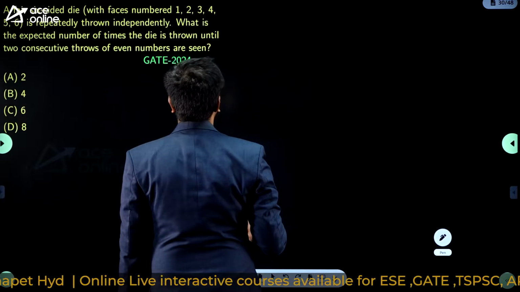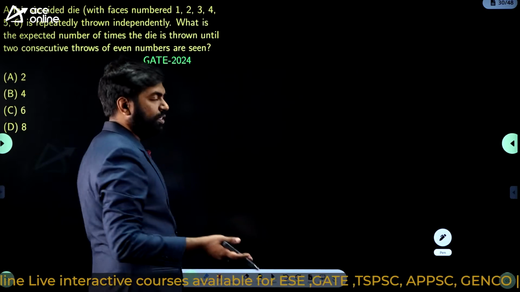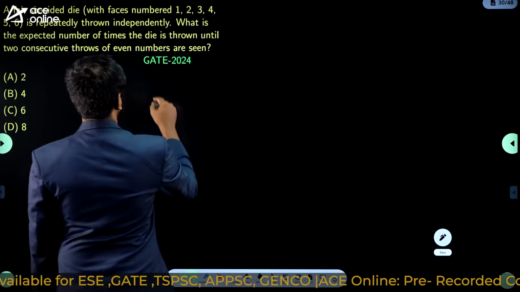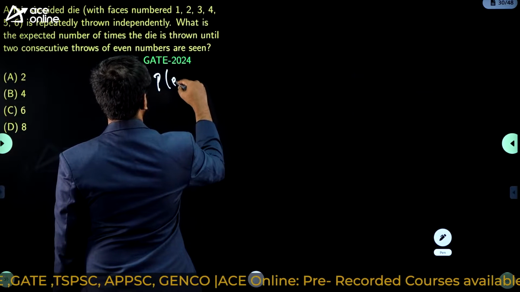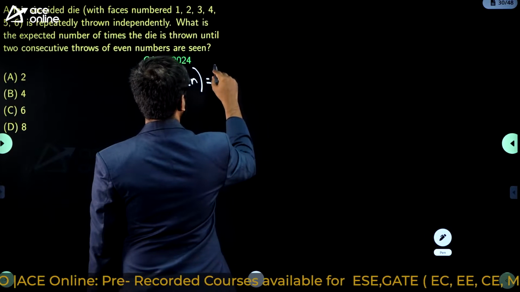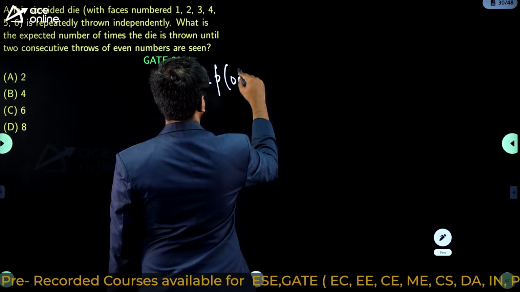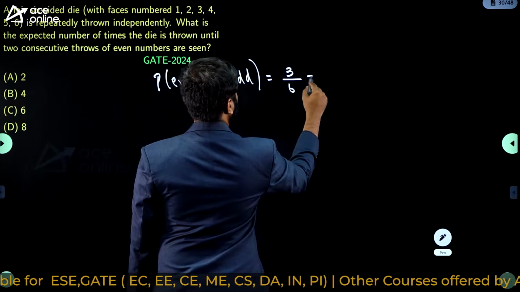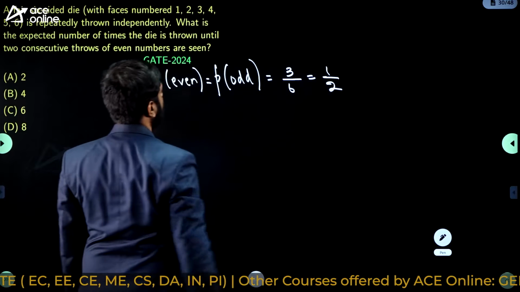So let us talk about the sample space. The sample space contains the 6 points 1, 2, 3, 4, 5, 6. So what is the probability of an even number? In this particular case, the probability of getting an even number is exactly the same as the probability of getting an odd number, which is 3 by 6, which is 1 by 2.